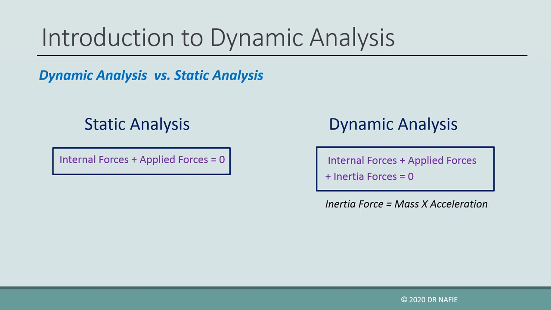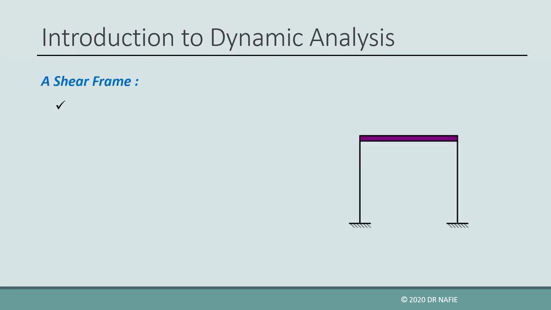Before going deeper into the topic of dynamic analysis, we need to explain the definition of some terms that are widely used in the dynamic analysis books. First, we will explain what is a shear frame.